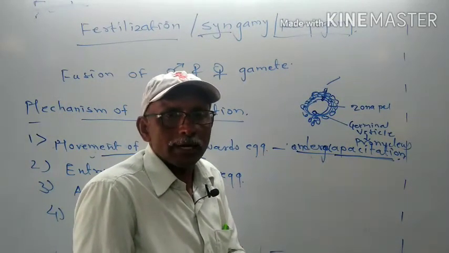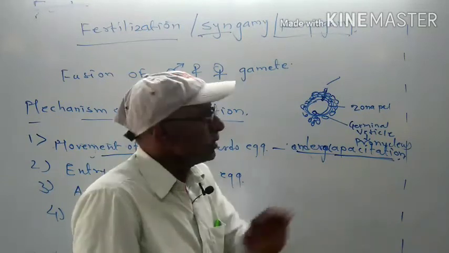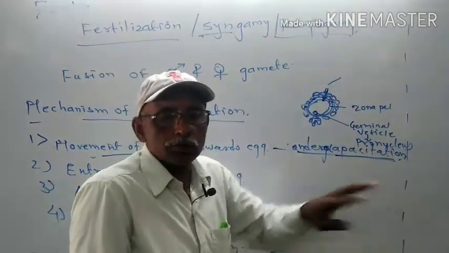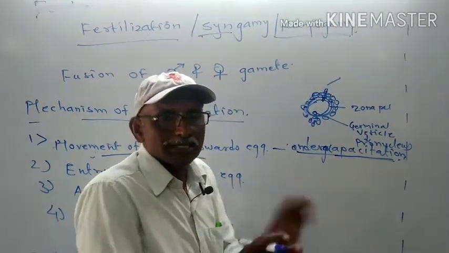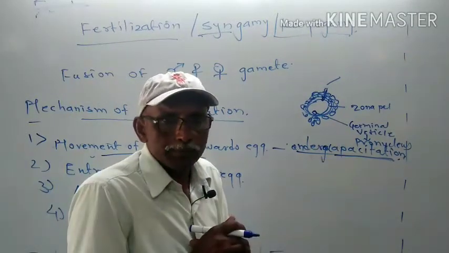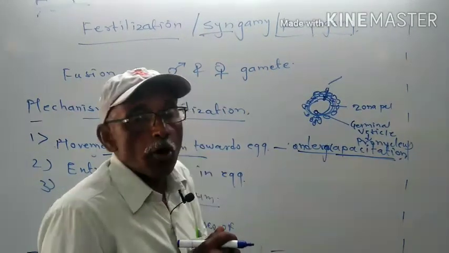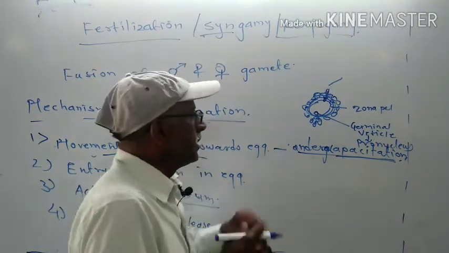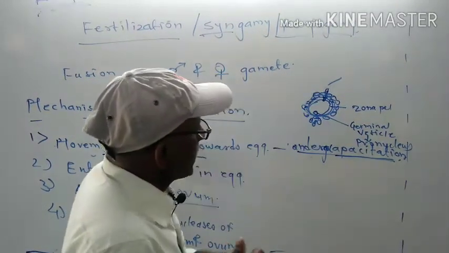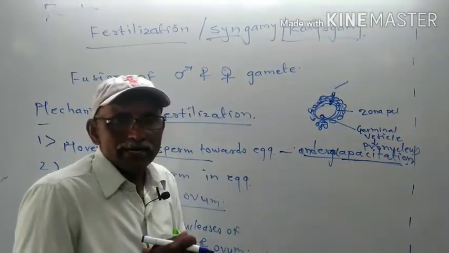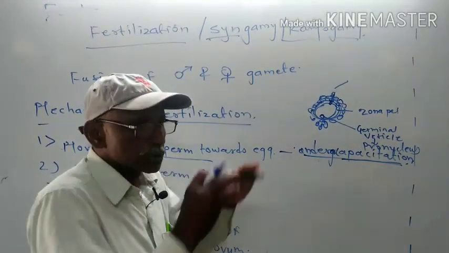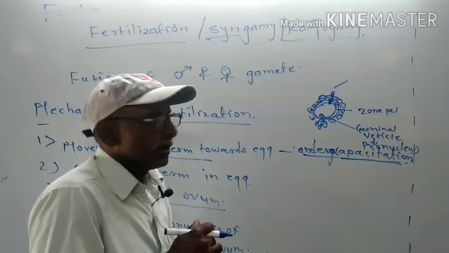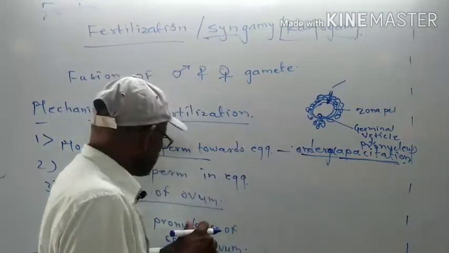The route of entry to the ooplasm is completely stopped to avoid polyspermy. So this perivitelline space stops the entry of other sperm.